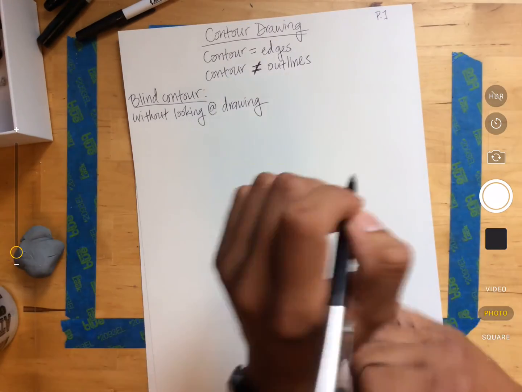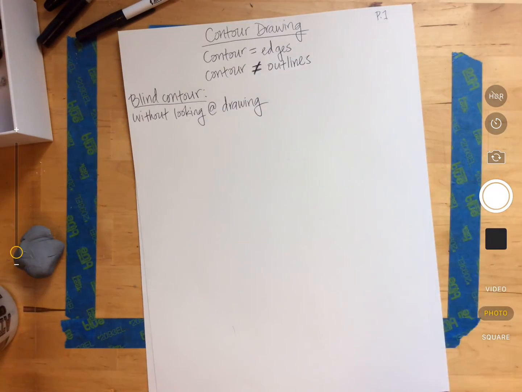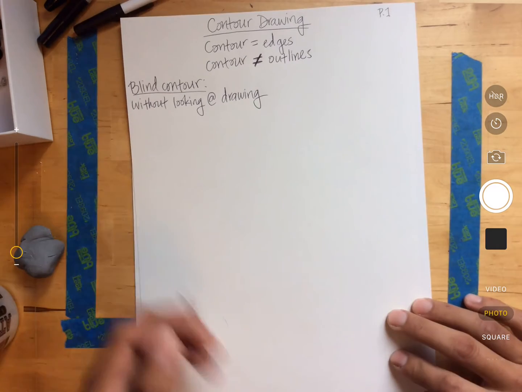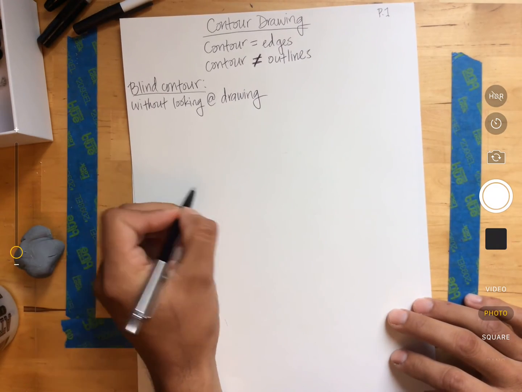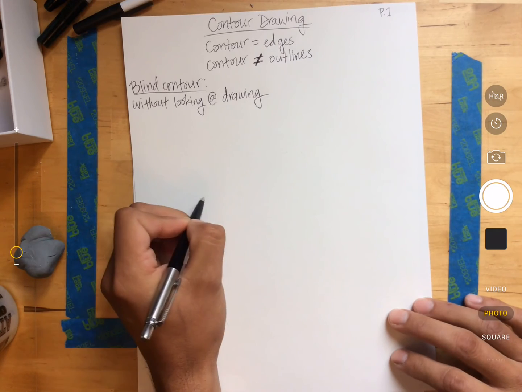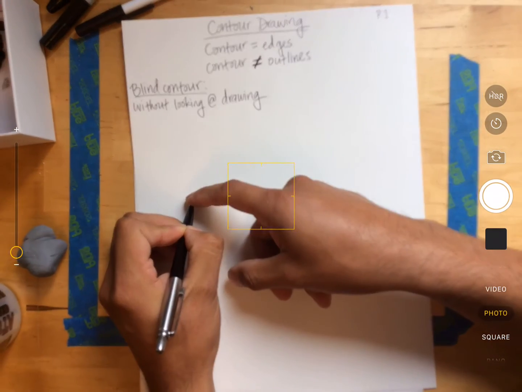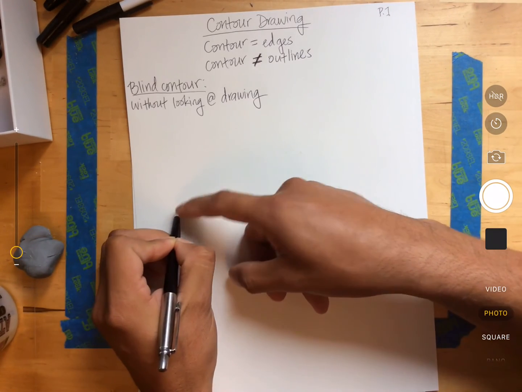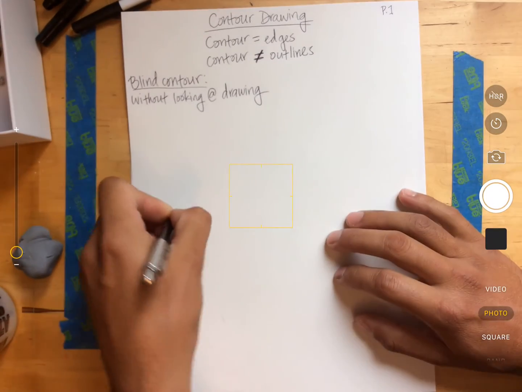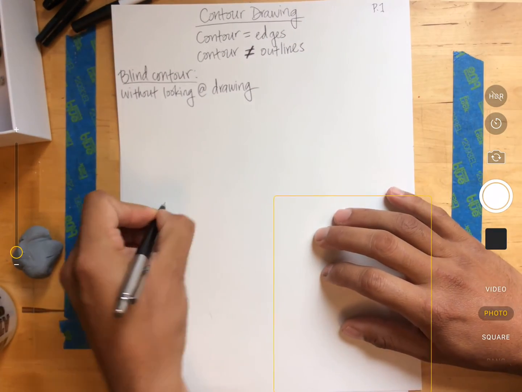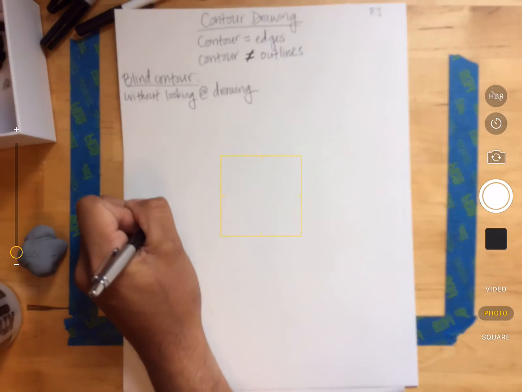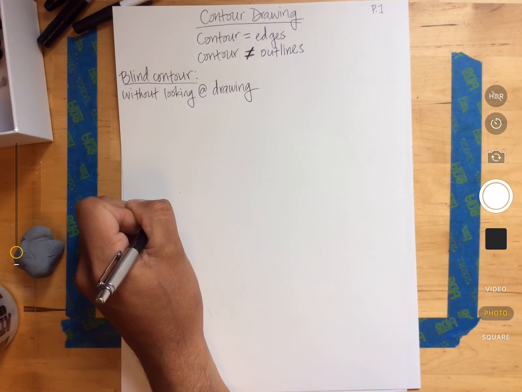Let me take off my watch so it doesn't get in the way. I'm only going to look at where I'm starting my drawing. I'm going to start here because this will be my wrist. Now I'm going to go down here a little bit more, and then I have some room for my hand, right? Again, I'm not going to look at my drawing. I'm going to look at my hand in front of me.